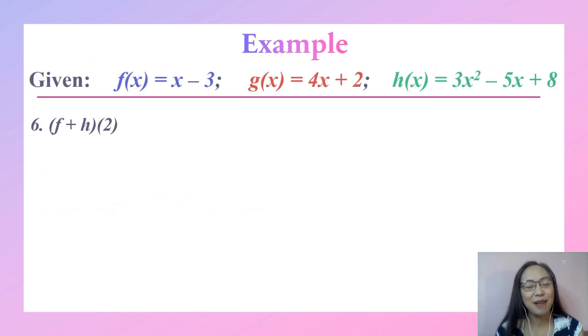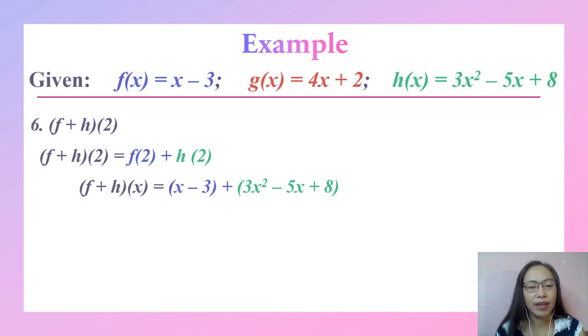Let us continue with our examples. We are now at number 6. We have f plus h of 2. By definition, we have f of 2 plus h of 2. So we have f of x is x minus 3, and then h of x here is 3x squared minus 5x plus 8.